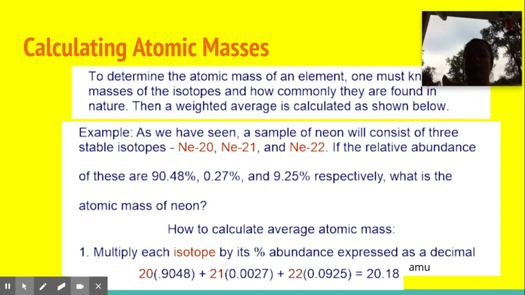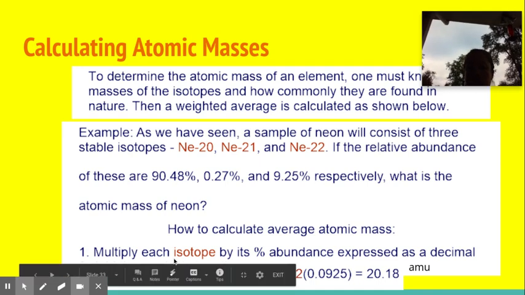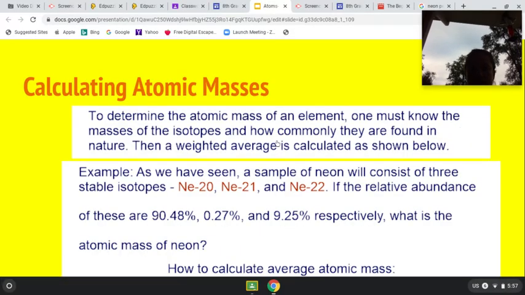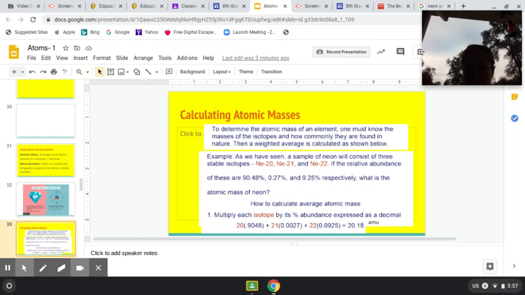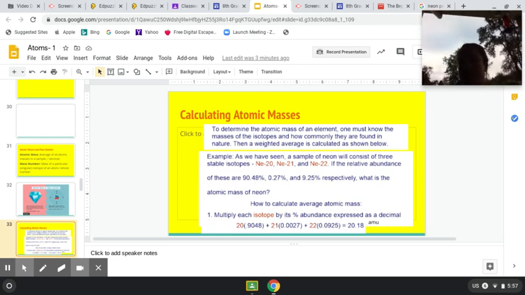To calculate, going back to the neon again, we already talked about this. I have to exit to be able to show you everything, sorry. You would multiply each of the neon 20, the neon 21, and the neon 22 by the percentages. Before, I showed you how to find how many atoms were in a 10,000 sample.